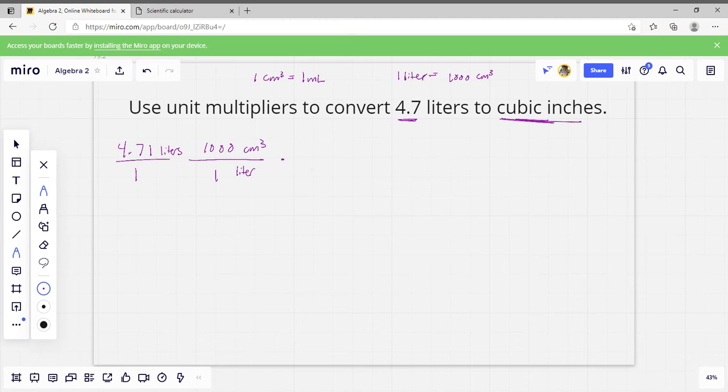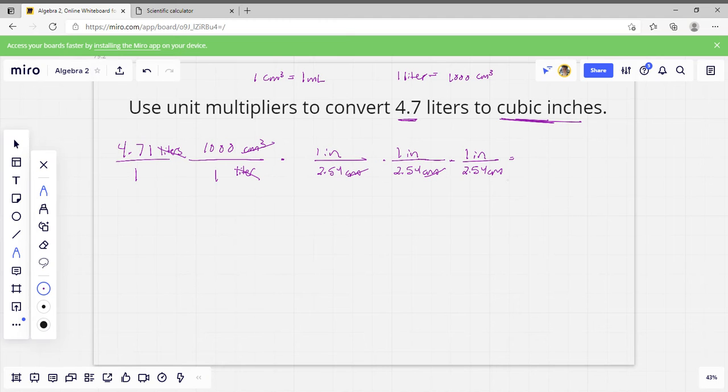Then we have to go from cubic centimeters to cubic inches, and it's 2.54 centimeters in 1 inch. So 2.54 centimeters, 1 inch. And we have to do that again, and one more time. Now we should be where we need to be. Liters canceled liters, and then we have centimeters cubed, which means we have to cancel 3 centimeters.